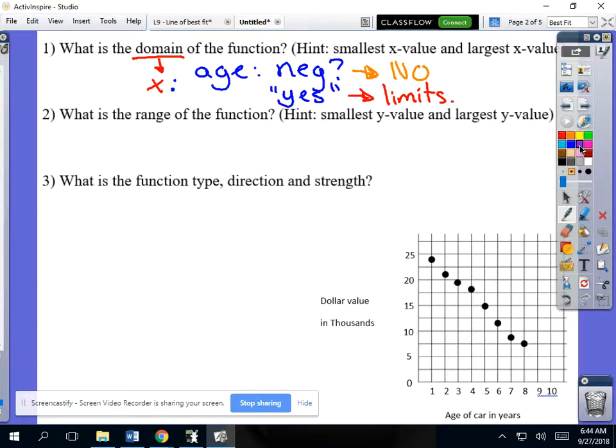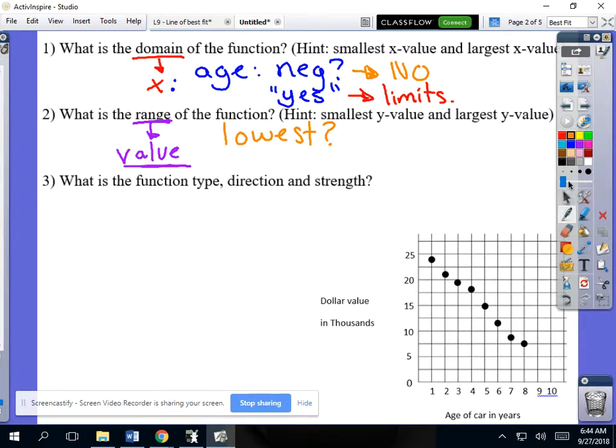Same goes for the range. In this case, the range of our function is the value, or how much that car is worth. So if we look at the value of our car, how low can it go? What is the lowest value that it could be?